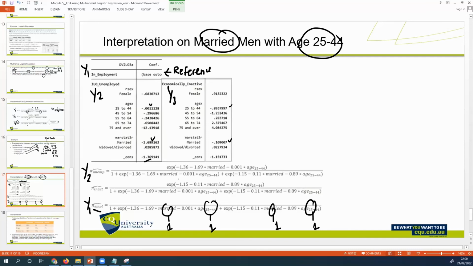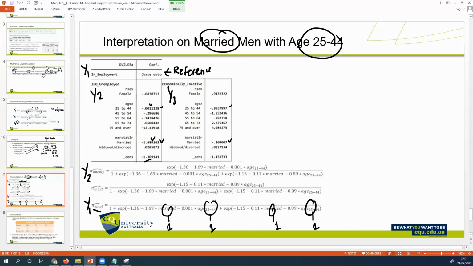The interpretation will be exponential of the constant minus 1.69 married men minus 0.001 times age 25 to 44, divided by 1 plus exponential of minus the same as above, plus exponential of the Y3: 1.15 constant minus 0.11 times married minus 0.89 times age.